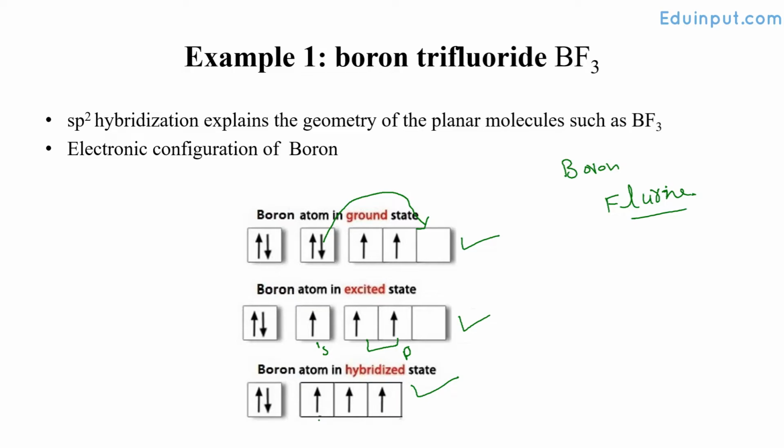Now we can see these three are sp2 hybrid orbitals. These are of the same energy, and we are calling them sp2 because we know one s orbital and two p orbitals participated in the formation of these three hybridized orbitals.